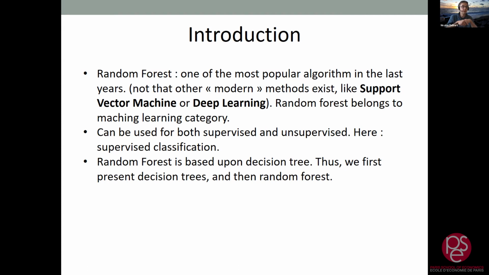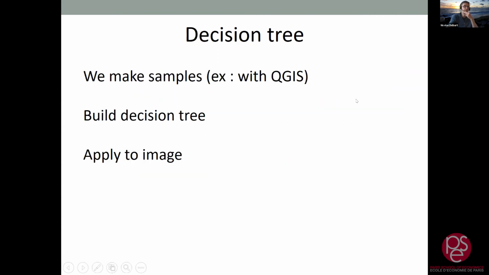So first, I will introduce what a decision tree is in order to go to random forest. In a decision tree, we make some samples like before. For example, with QGIS, we build a decision tree and we apply the rules to the image.